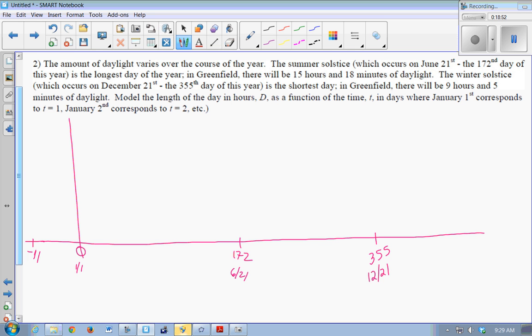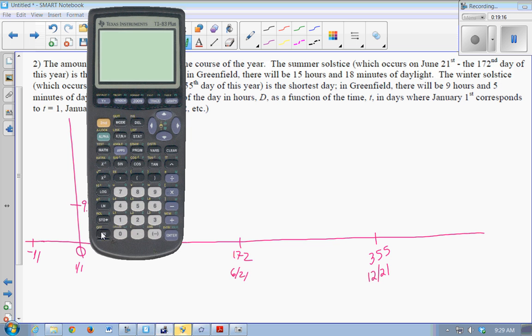Okay, so my shortest day of the year is 9 hours, 5 minutes. So we'll put that here. 5 minutes is how much of an hour? I need a calculator. How do I figure it out? 1/12, yeah. 5 out of 60 minutes is 0.083, which is 1/12.